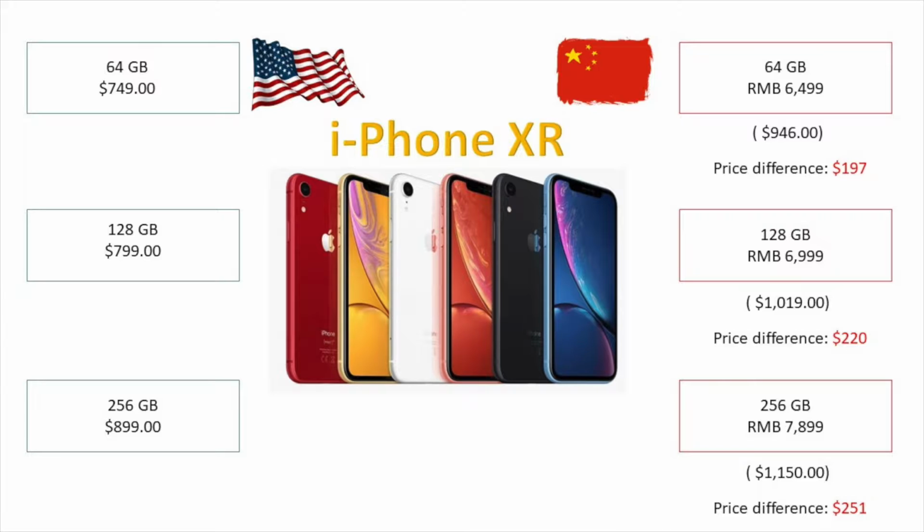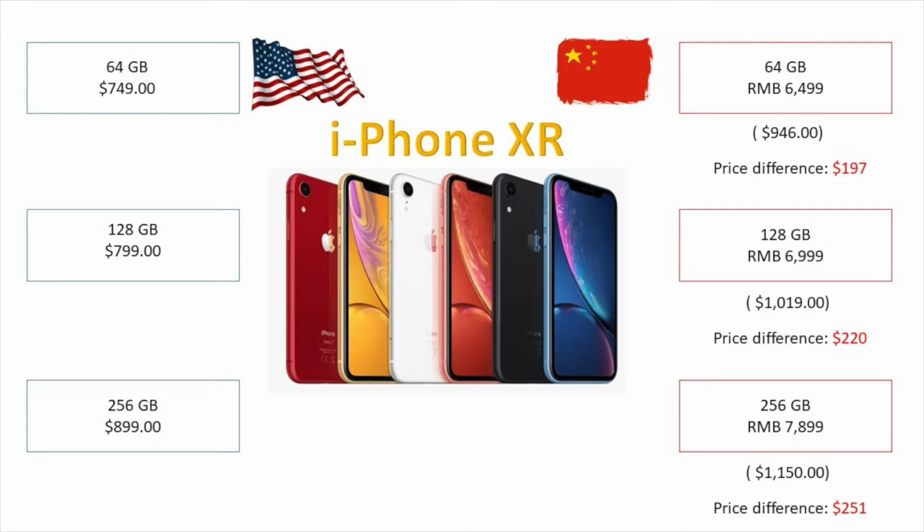In America, the 64 gigabyte is going to cost you $749. In China, in RMB, it's 6,499. In American dollars, that's $946, a price difference of $197. The 128 gigabyte is going to cost you $799. The 128 gigabyte in RMB is 6,999, which equals about $1,019 in American.